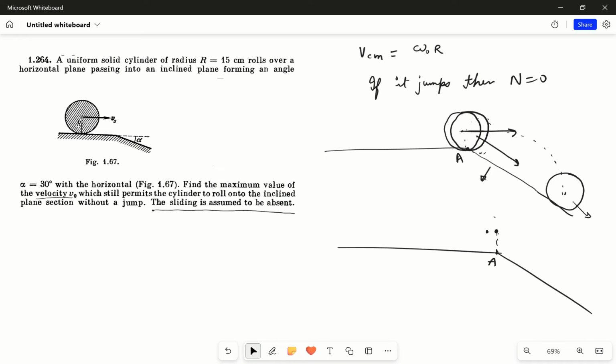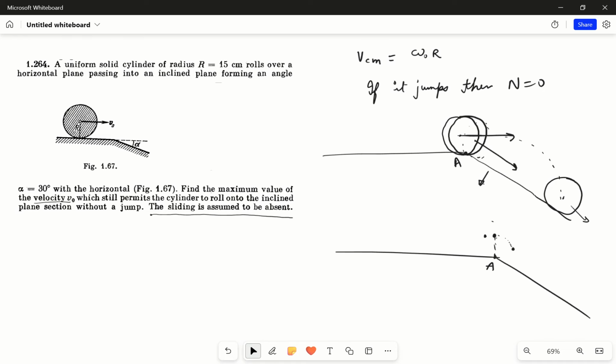It would perform a circular motion about this point, and it would come somewhere here, right? So we have to analyze the path between these 2 points. Let's name them point B and C. We have to analyze the path of this center of mass between B and C, and also we have to find the maximum velocity, right?